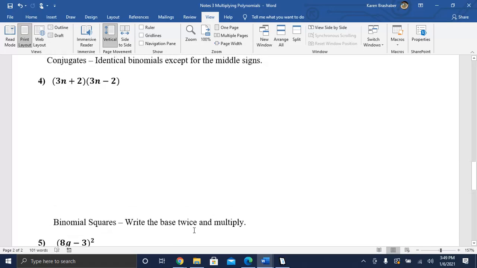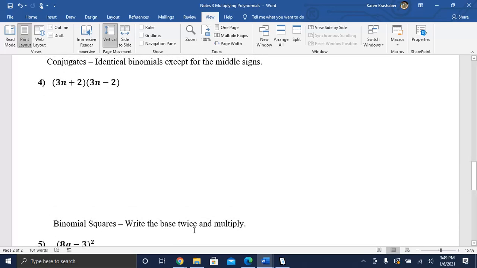So we'll continue on. Number 4, we have what I refer to as conjugates. Conjugates are identical except for the middle signs. So here I have 3n plus 2 and 3n minus 2. Again, these are called conjugates, and I'd like for you to see what happens when you multiply conjugates.